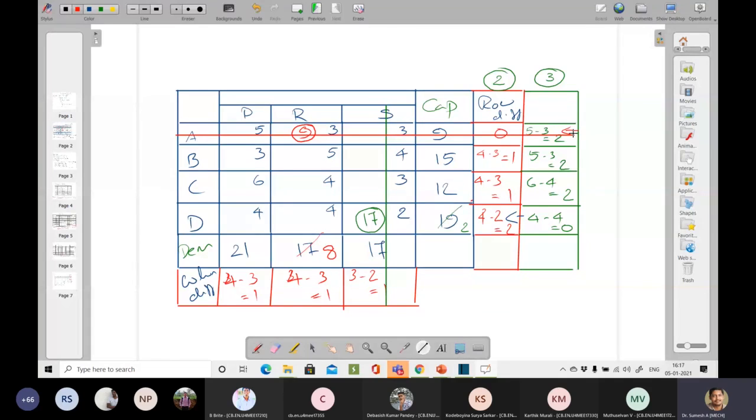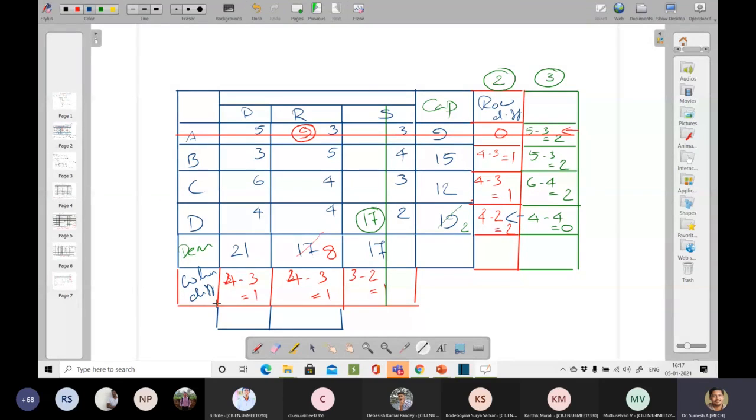Go for the next iteration. Anyhow, this row difference is not going to change, only the column difference is going to change. We'll take BP.